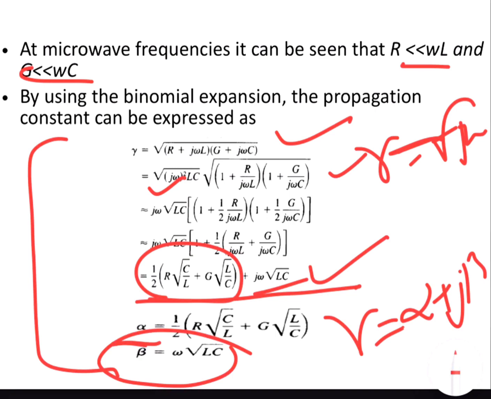So these are the equations for the propagation constant gamma, and these are the expressions for alpha and beta, because you have a few numericals which you should solve using these equations. Please remember these equations to solve the numericals, because in part B of module 1 questions you'll have these derivations and you'll have one numerical which you have to solve.